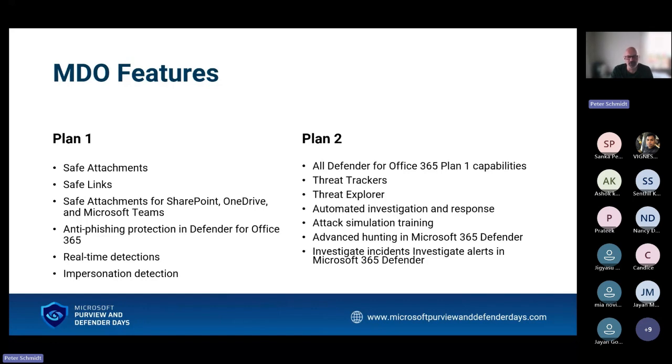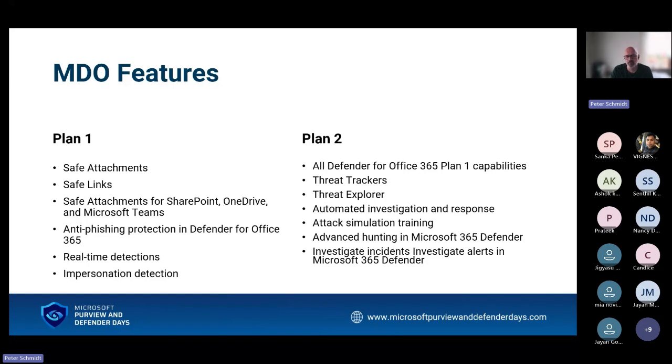Some of these impersonation detections are basically a list where we can put our C-level or important people, so they get extra additional protection whenever email comes into our organization to those users. And then the overall real-time attachment handling is a level better.